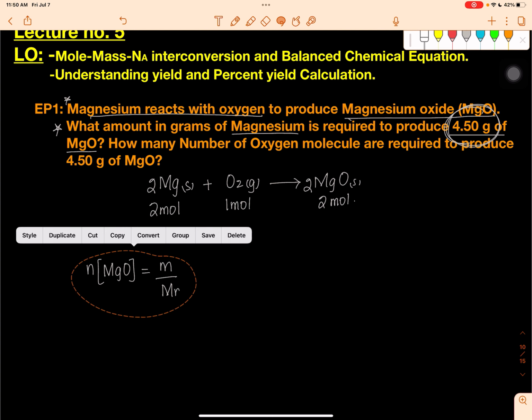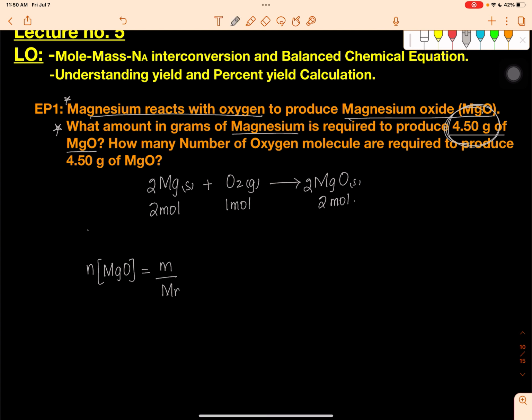So let's pull it down a little lower and find out MR first. MR of magnesium oxide equals 24 cross 1, where 24 is the atomic mass of magnesium, plus 16 cross 1. Let's do a little maths here.